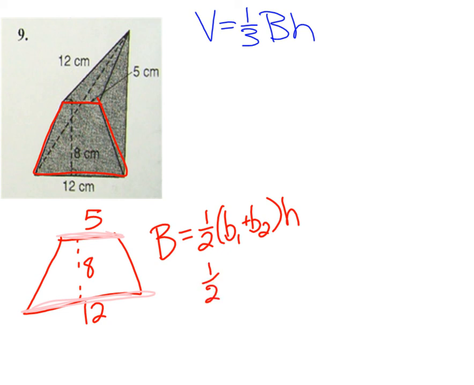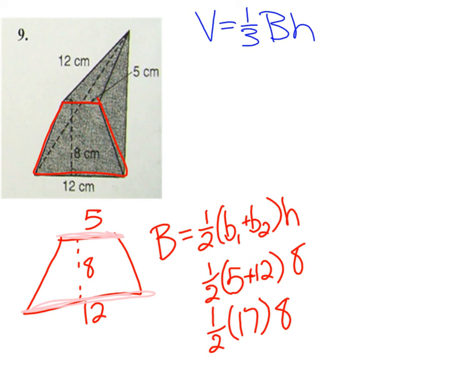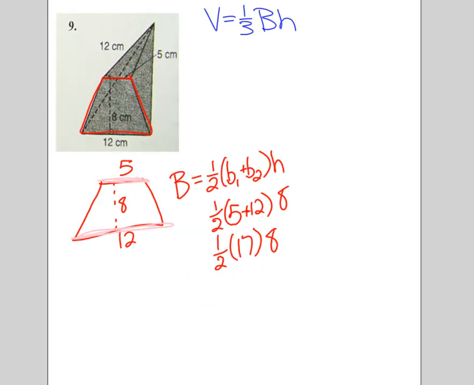So we have 1 half of 5 plus 12 times 8. So we have half of 17 times 8. Now we could take half of 17, but that's going to be a decimal, right? But what about half of 8? Half of 8 is 4.